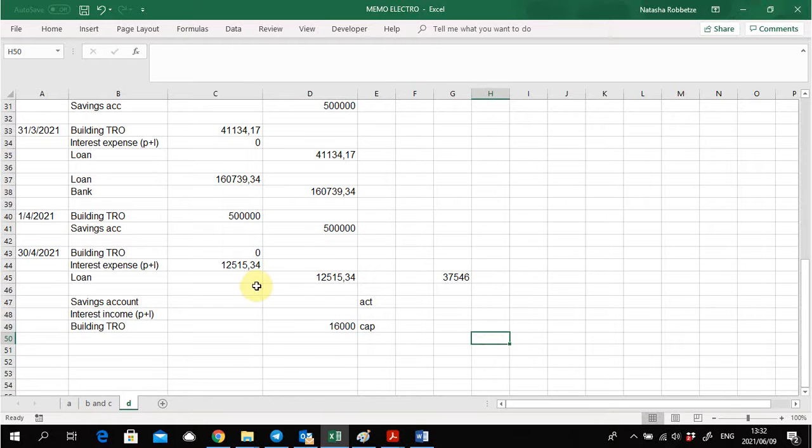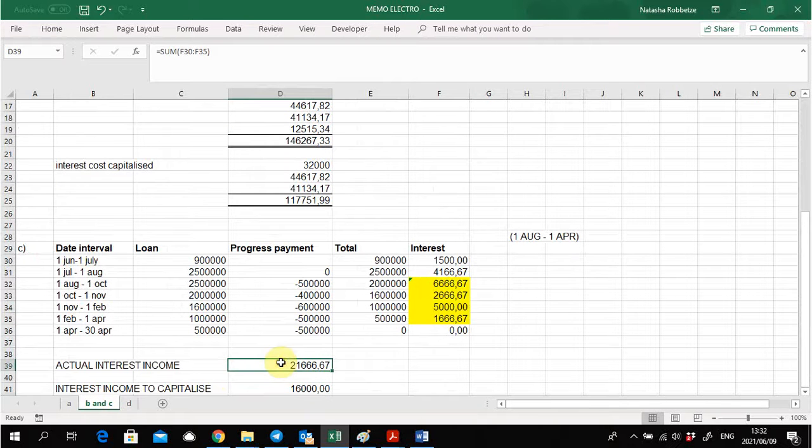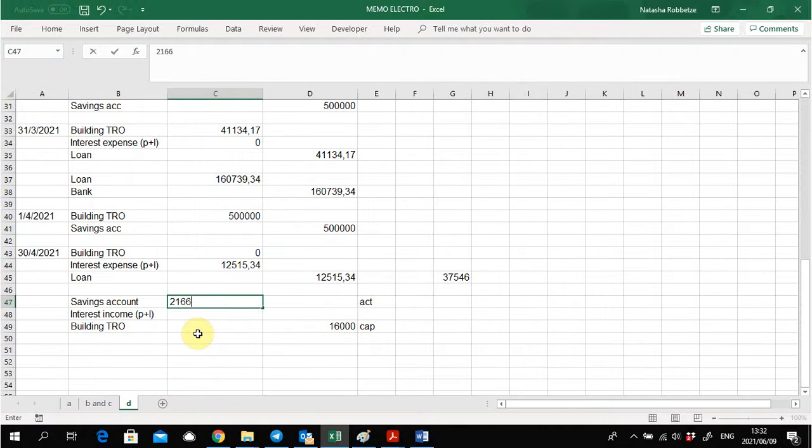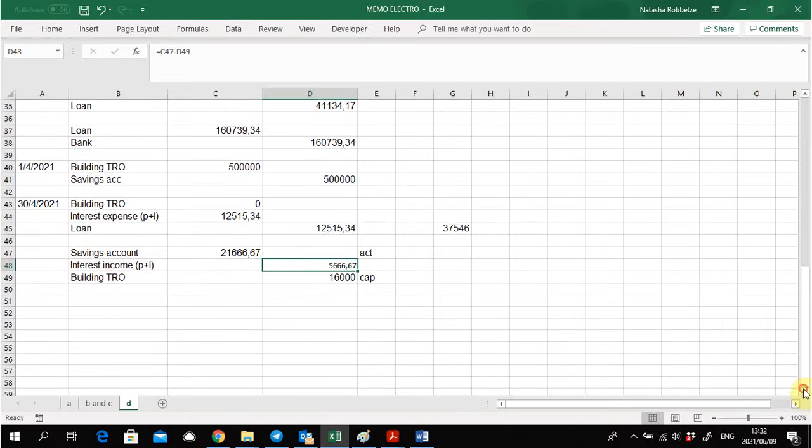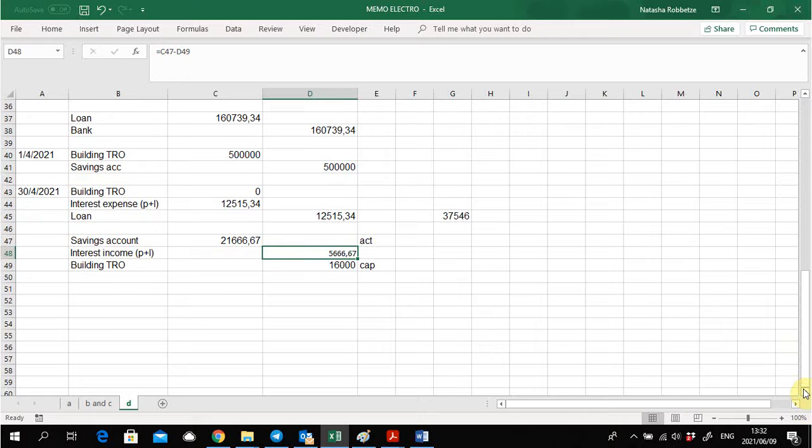Then what was the total actual interest income? It was this amount, 21,666.67. And then we're going to need a balancing figure, which will be posted to profit or loss. So there I have accounted for my interest income.